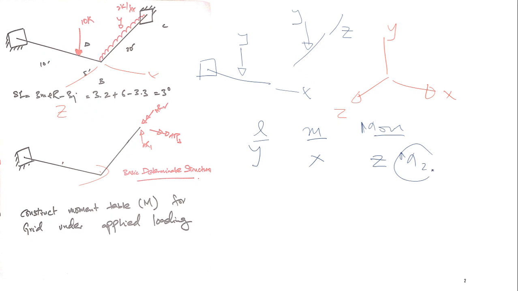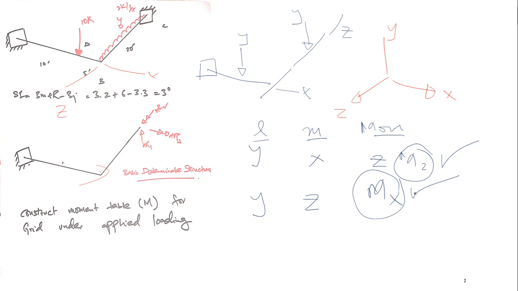So this is Mz. Also, when the load is in the y-axis and the member is in the z-axis, then the moment would be Mx, in the x-axis. It means these two equations are valid for grids.